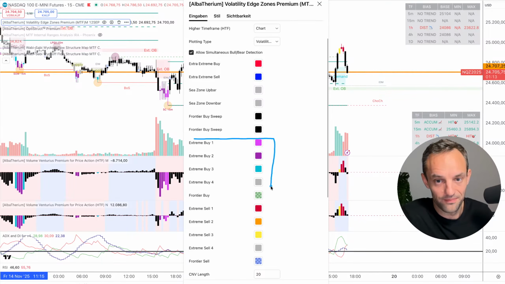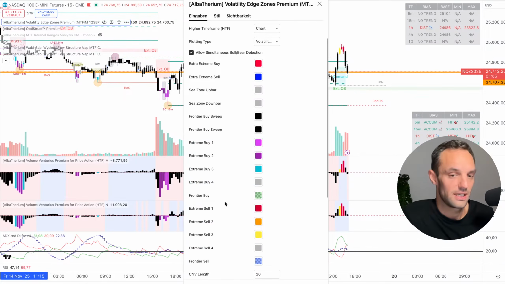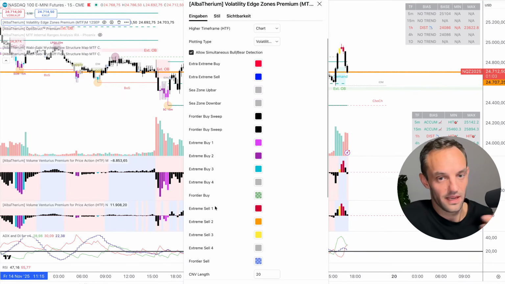So we have extreme buy and extreme sell in these colors. Actually, from my point of view, and this is the outcome of the discussion, it's not extreme sell and extreme buy, because it is the other way around.